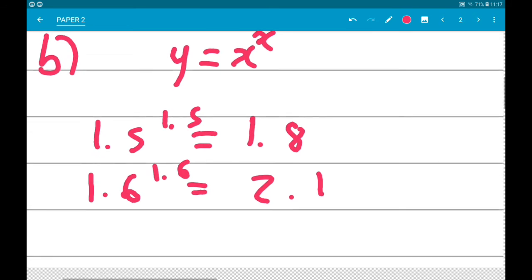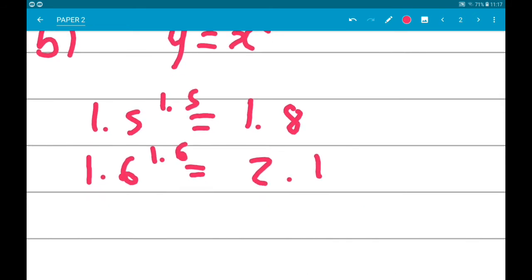Now, we also need to say that the curve is continuous in this interval.